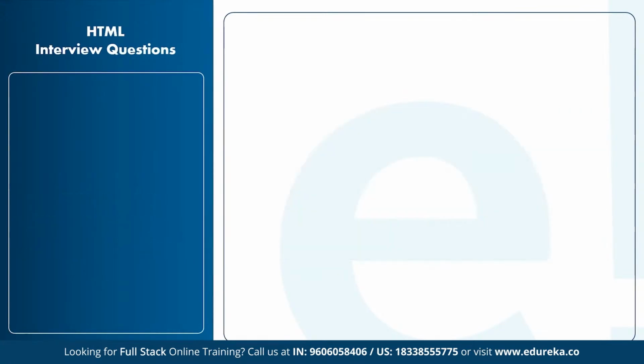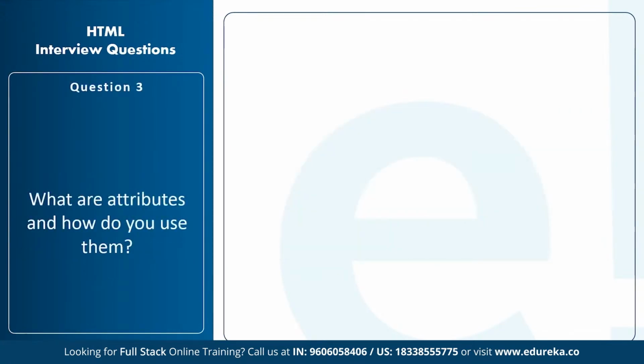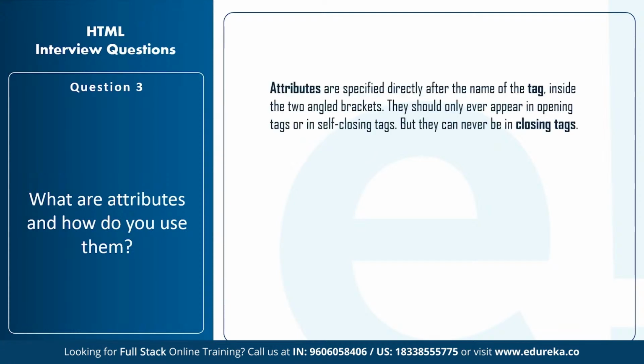Now moving on to the next question, what are attributes and how do you use them? Each tag has certain additional attributes that change the way the tag behaves or is displayed. For example, you might have an input tag that has a type attribute which you can use to specify whether it will be a text field, a checkbox, a radio button, or one of many such options.